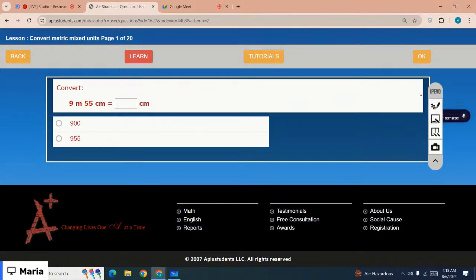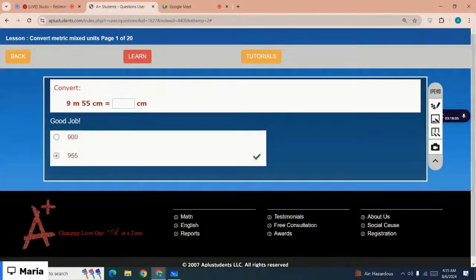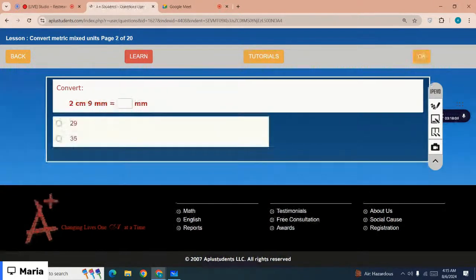Very good. 2 centimeters, 9 millimeters.